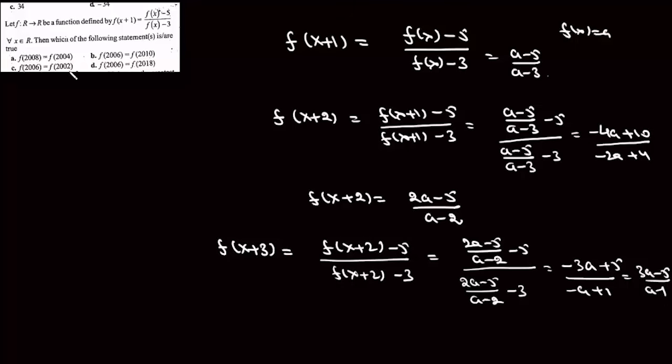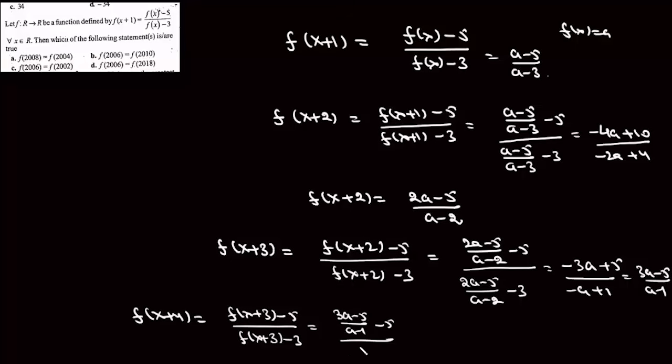And looking at the options, we know that there's a difference of 4. So it could be periodic with 4. So we'll check. f(x+4) will be (f(x+3) - 5)/(f(x+3) - 3). So it'll be ((3a - 5)/(a - 1) - 5) over ((3a - 5)/(a - 1) - 3).